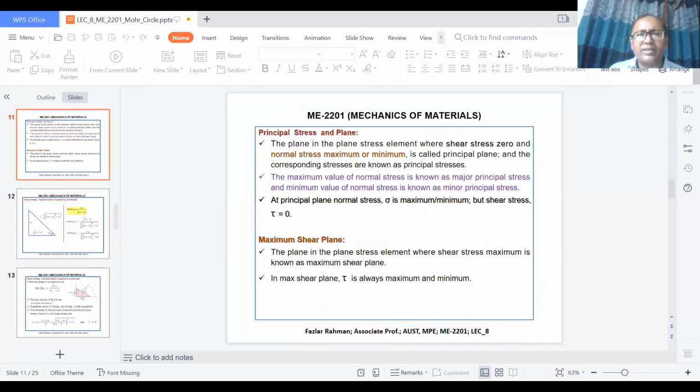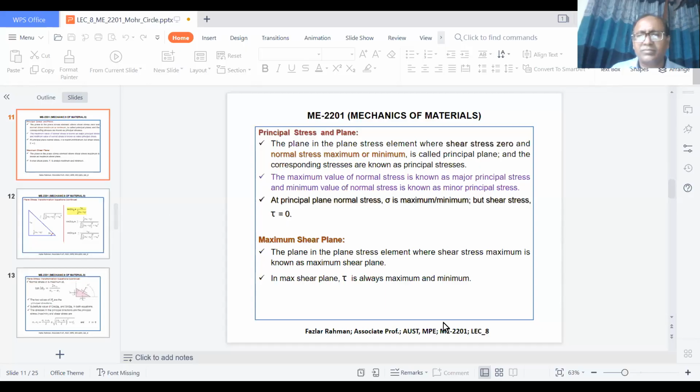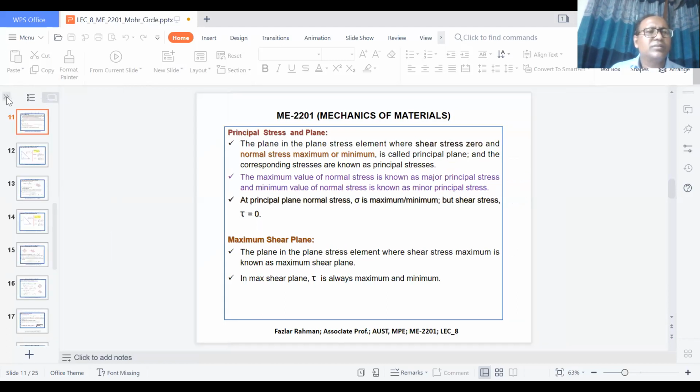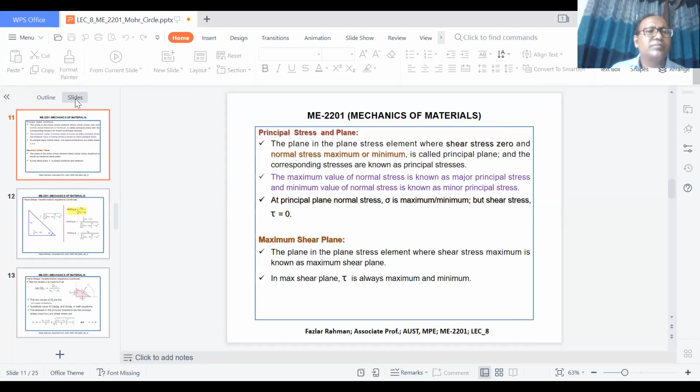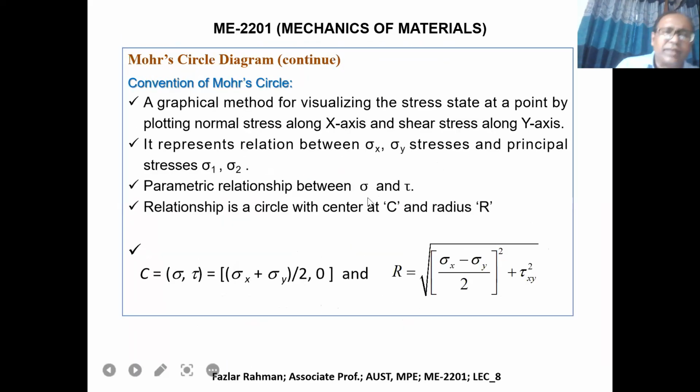One second. It's not going into slide mode. Okay, now we can see.